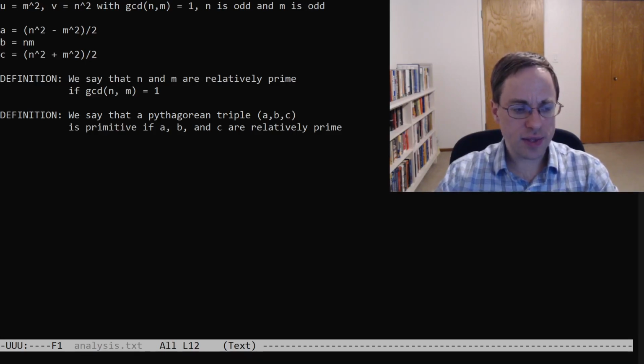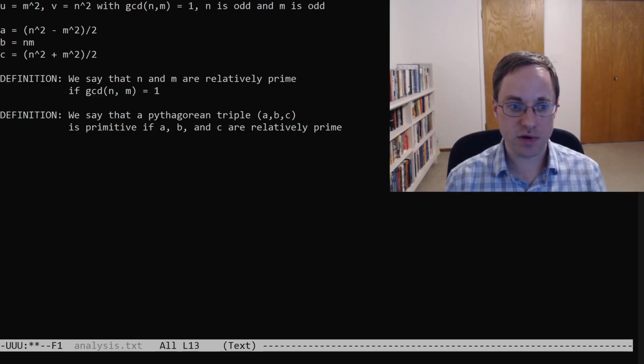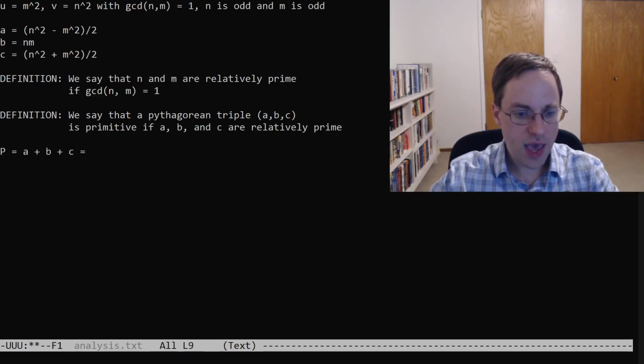Okay, so let's get into looking at how we determine the perimeter that corresponds to a particular Pythagorean triple. Obviously, the perimeter is just going to be a plus b plus c. And we can get that just by substituting in these values from up here.